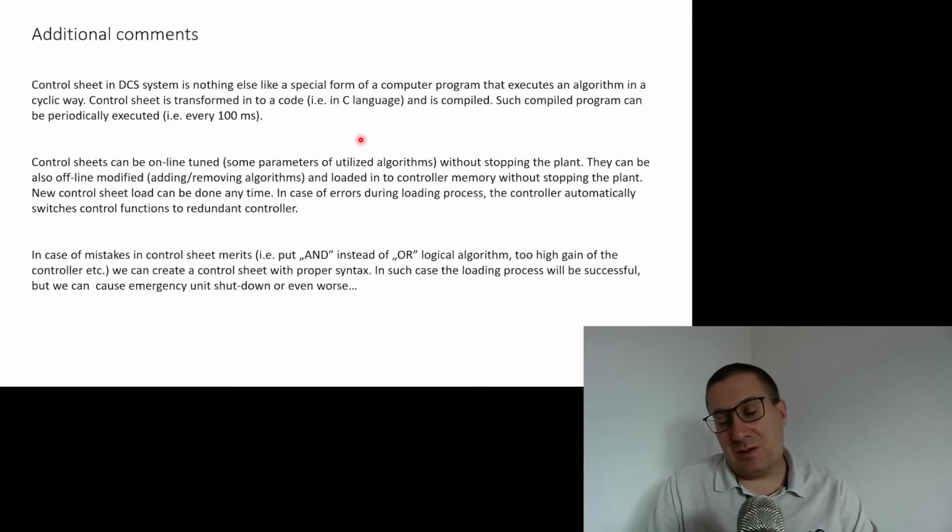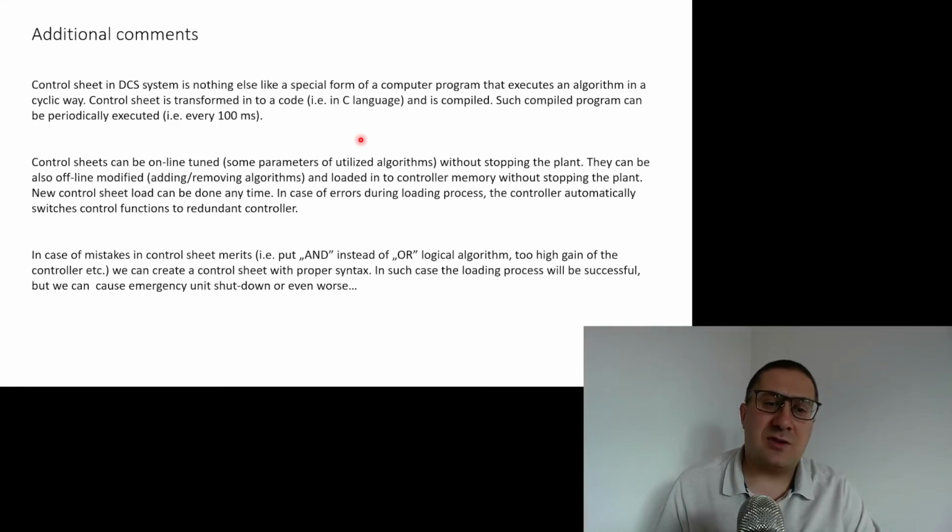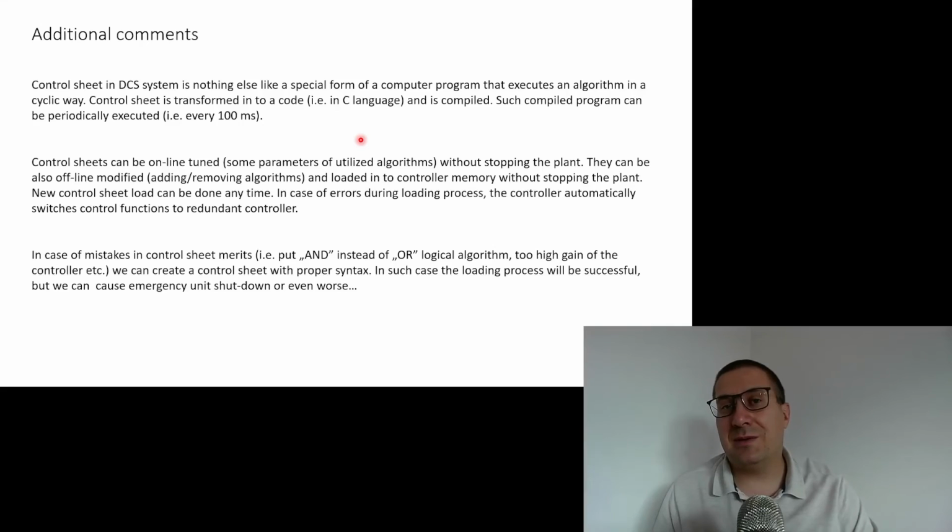We can also load a new algorithm. We could add some new algorithms and load them into the controller memory without stopping the plant. In case of errors during the loading process, the controller automatically switches control functions to the redundant controller, to its twin. Right?